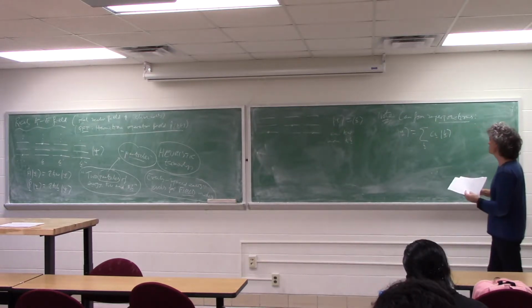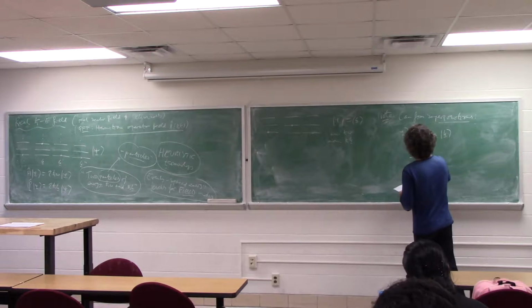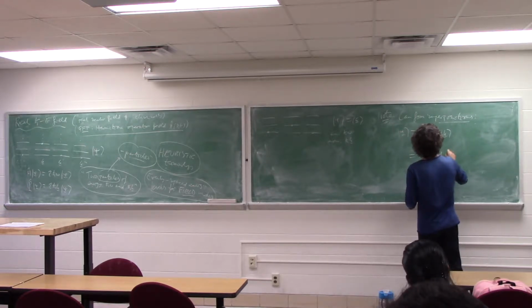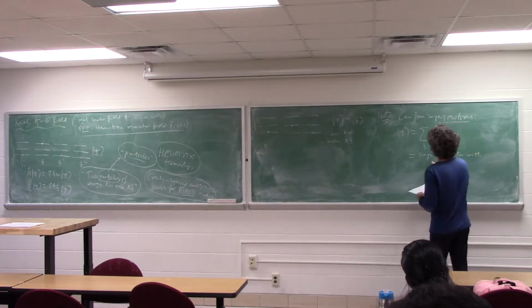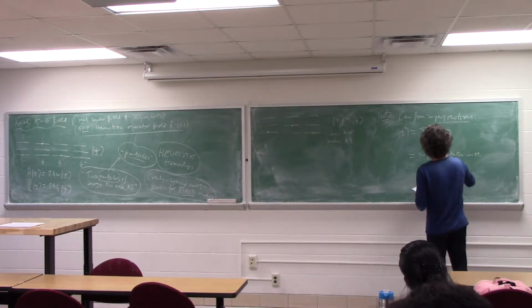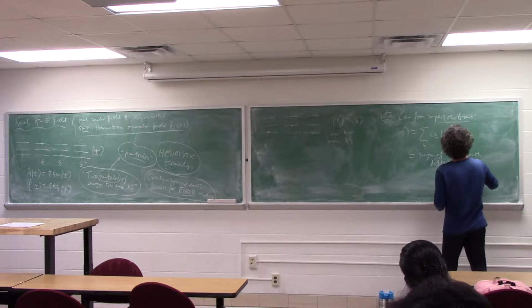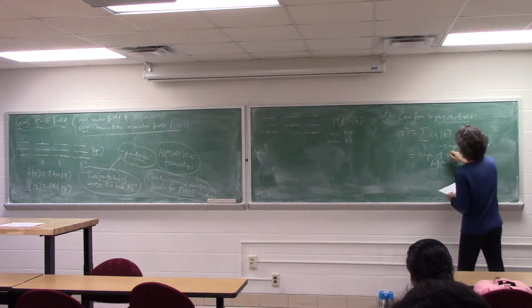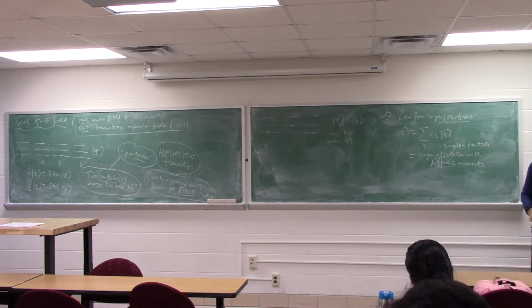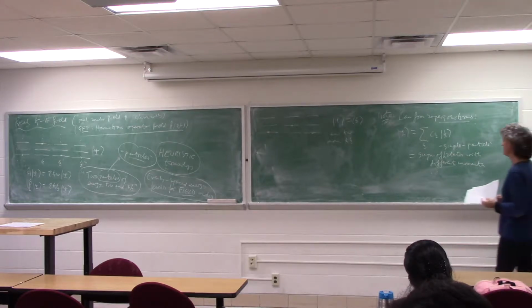So this would be a superposition of states with different momenta, a superposition of what heuristically you would call single particle states with different momenta. And this is the sort of thing that you're used to dealing with in the basic quantum mechanics you studied.